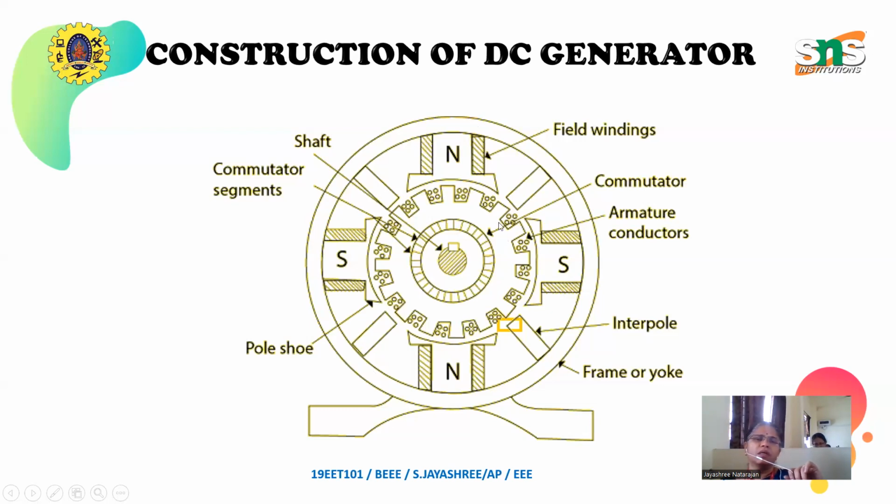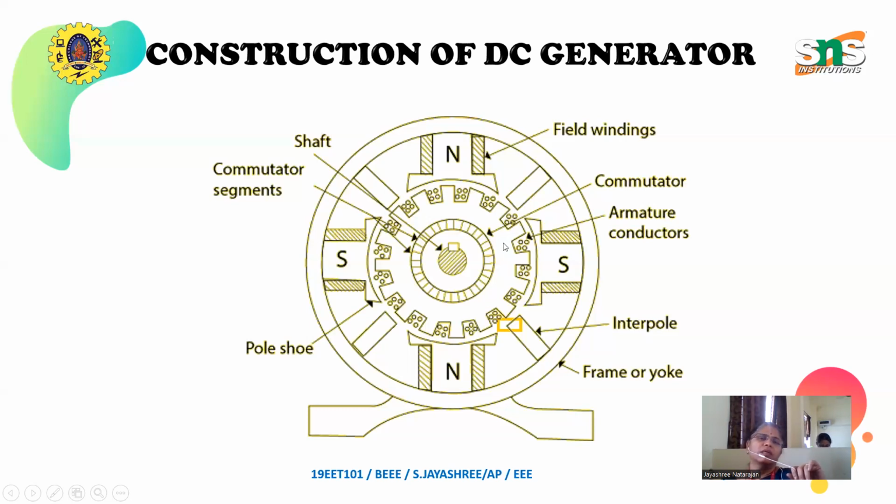Then the middle one is the rotor, which is a rotating part. Look at this: a semi-closed type of slot in the armature core, half closed and half open. In between, the small circle represents the armature conductor, the armature windings.